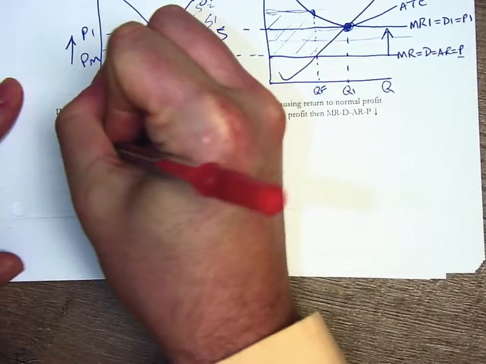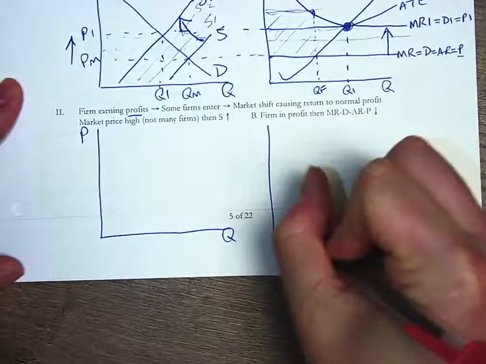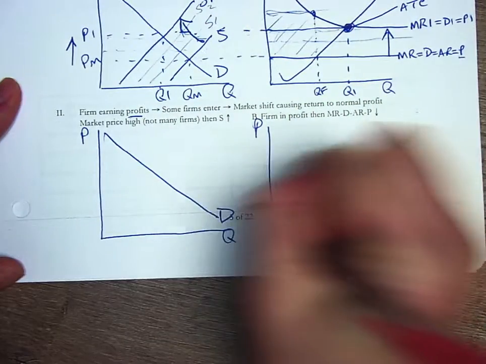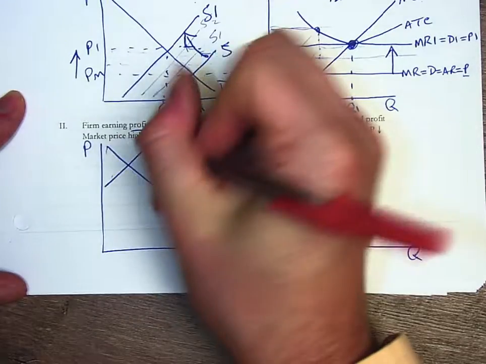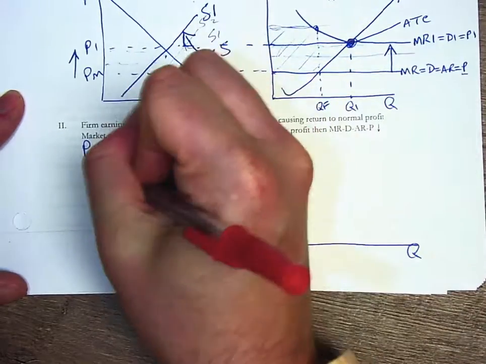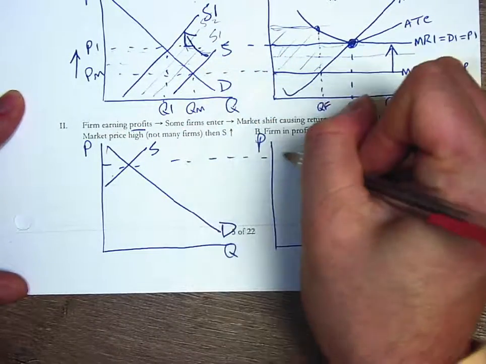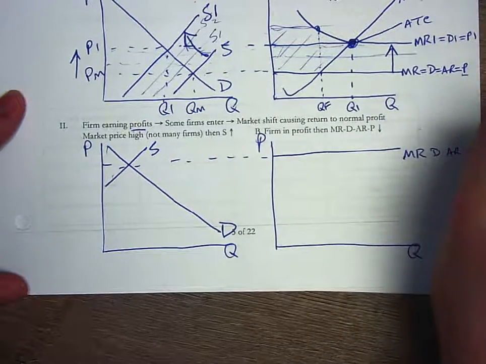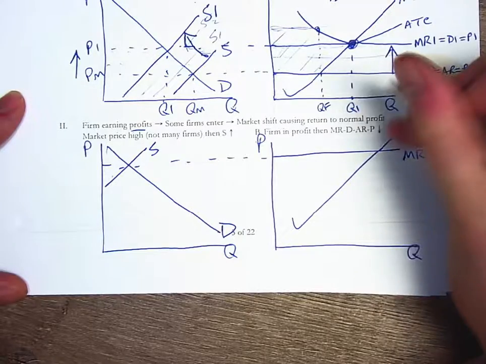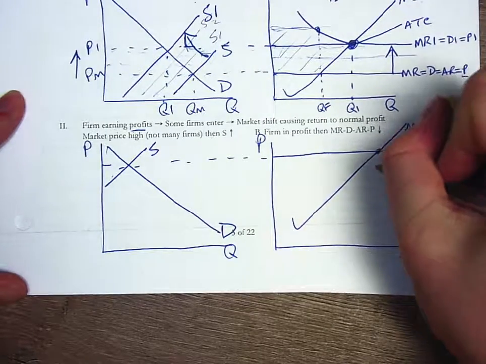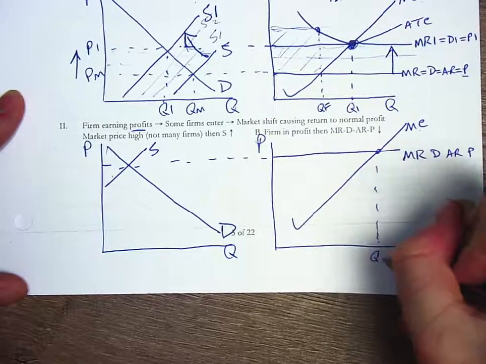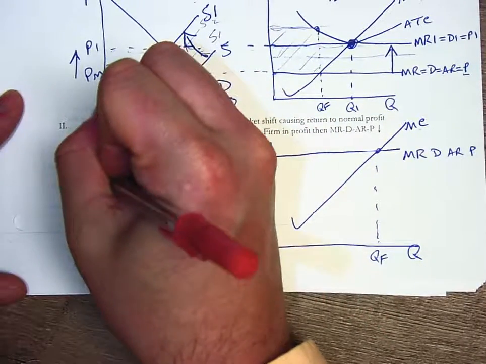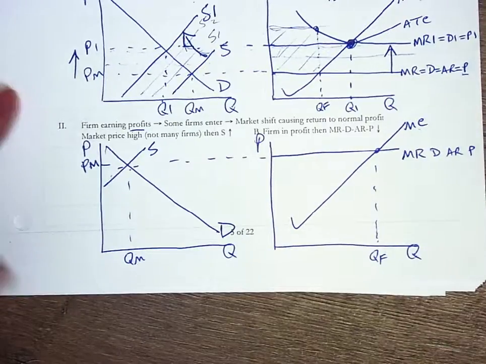Now, in the profits scenario, we're going to redraw here quantity and price, and in this one the market price is going to be really high, way up here. MR, D, AR, and P way up here, and we've got a marginal cost curve, and the firm is producing QF, market QM, and PM.